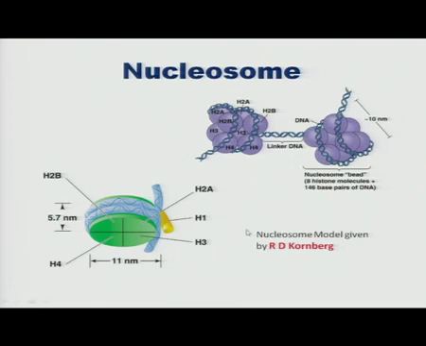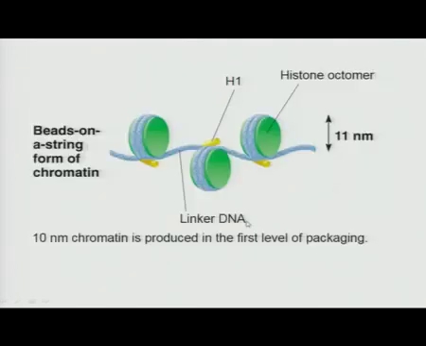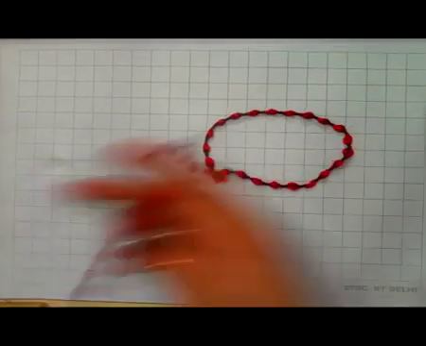So, if we see the arrangement of this nucleosome in the nucleus, you can see the beads like structure on the DNA. You can see the beads like structure in the chromosome because of the presence of nucleosomes.